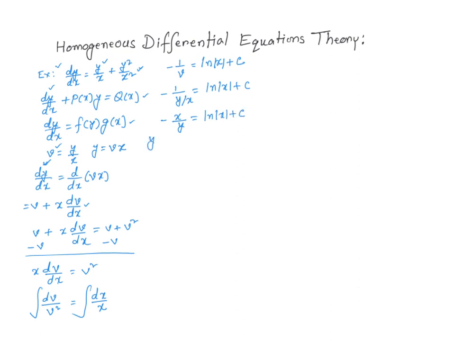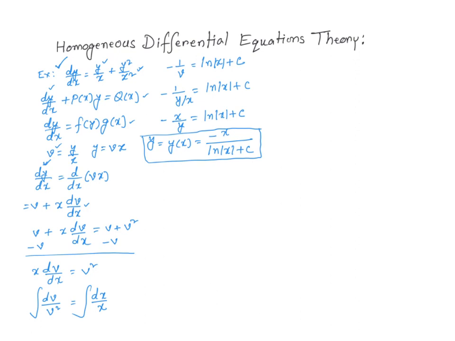And if I solve for y, y of x is equal to negative x over ln of absolute value of x plus c. So this, by the way, is my solution to this differential equation.